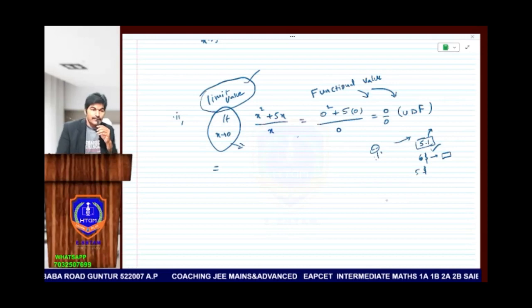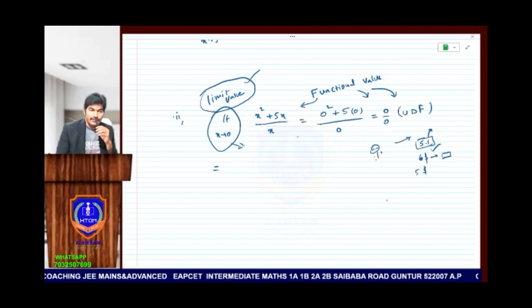For calculating a functional value, you are not allowed to take common factors, do calculation or cancellation. No operation is allowed. You can just substitute the direct value, x is 0, and find that value. That is called the functional operation.